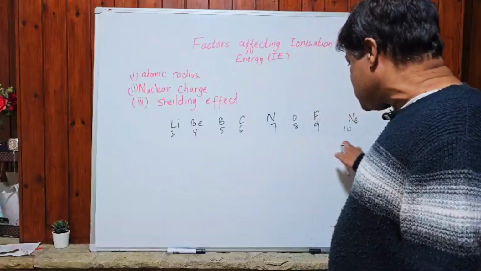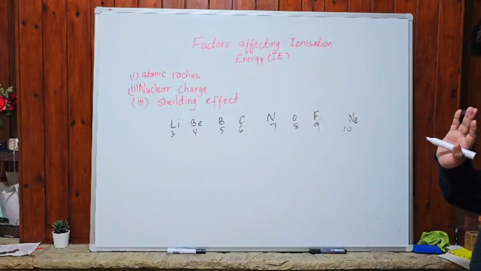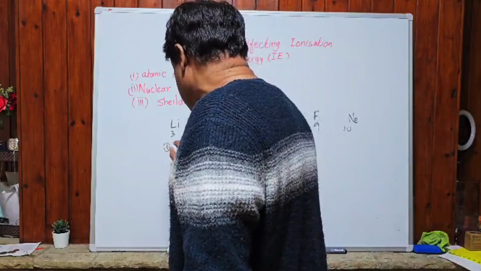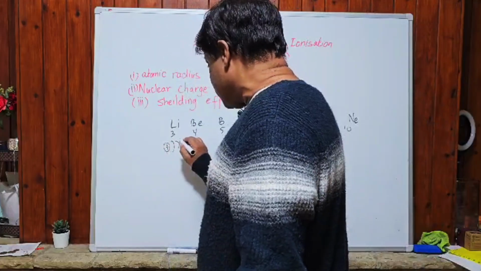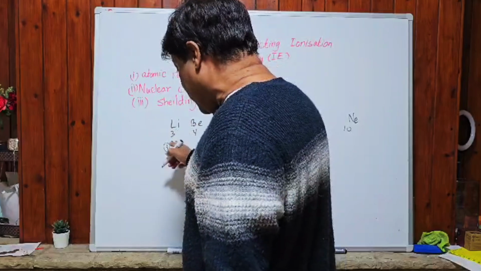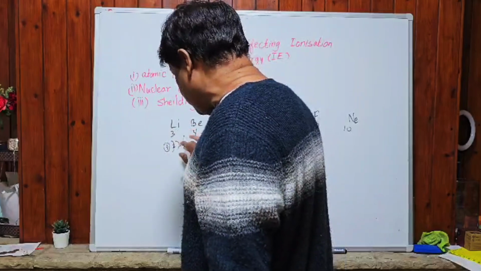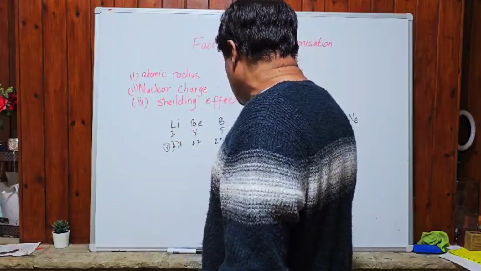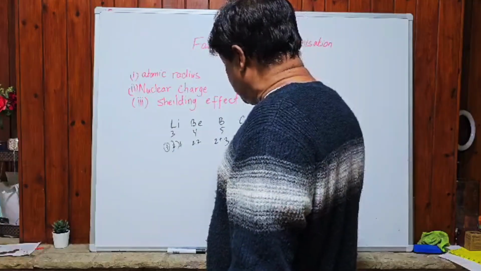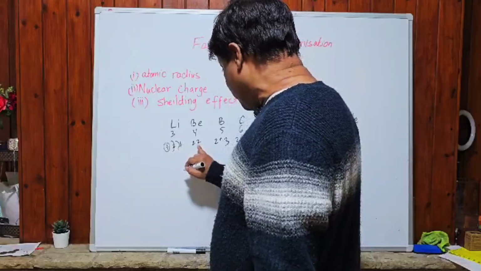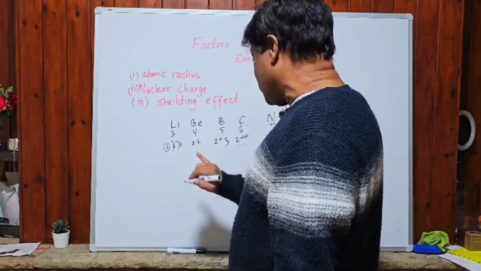These elements have the same number of shells. First of all, the main energy level is 2: first energy level and second energy level. But it has 3 electrons. Look at that, the second energy level has 2 plus 1, 2 plus 2, 2 plus 3, 2 plus 4, and so on: first energy level 2, and one more extra electron each time.